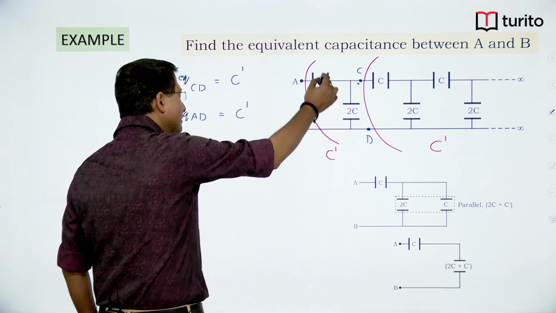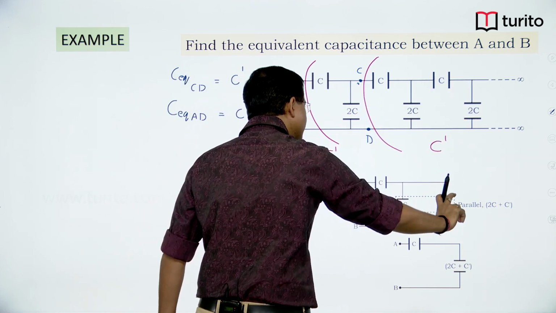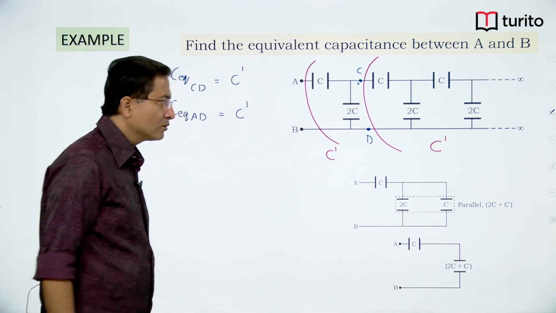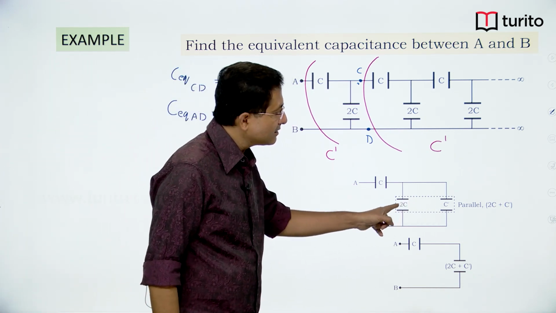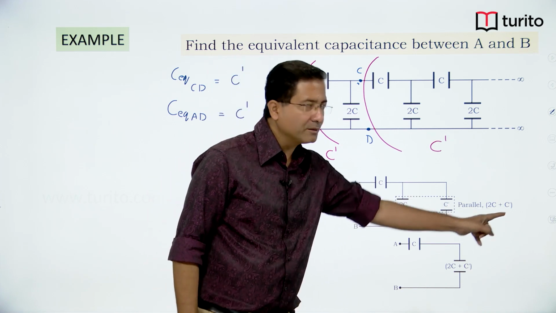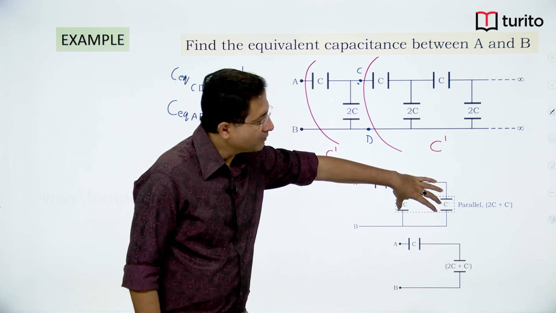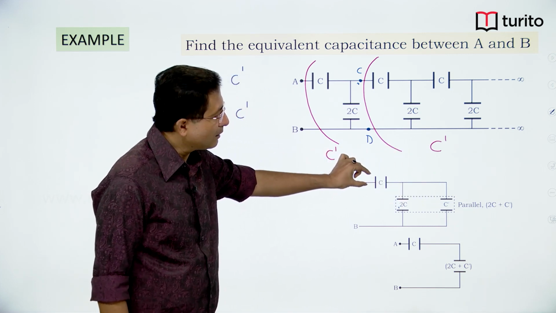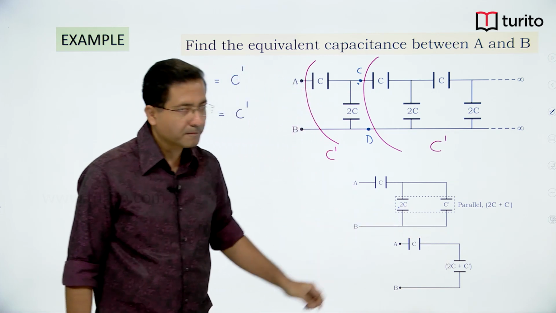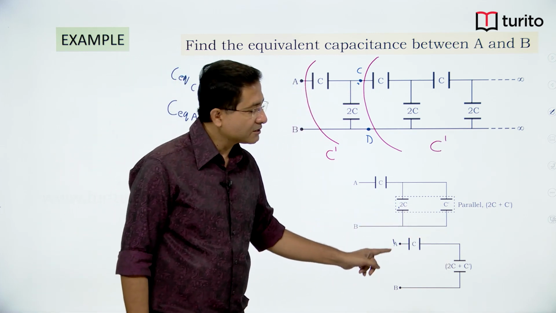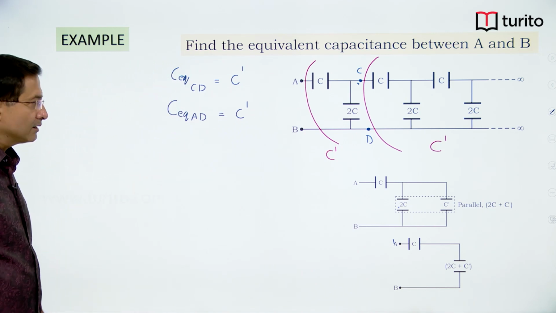This is our basic unit, this unit is here, and from here onwards capacitance is C dash. So now I can see this C dash and this 2C, they are in parallel combination, and then after parallel combination this capacitor will come in series combination with this capacitor, and the capacitance across AB is C dash only.